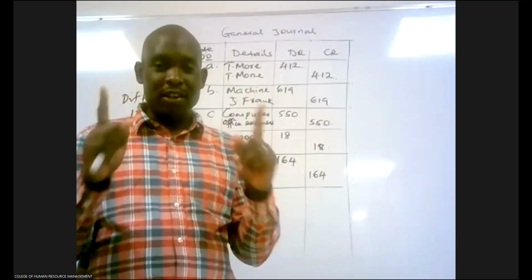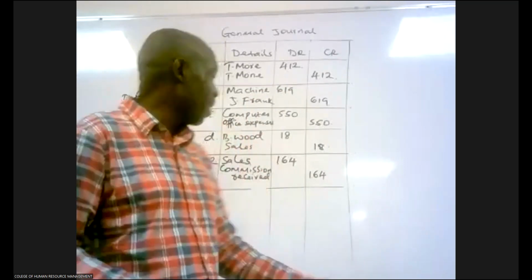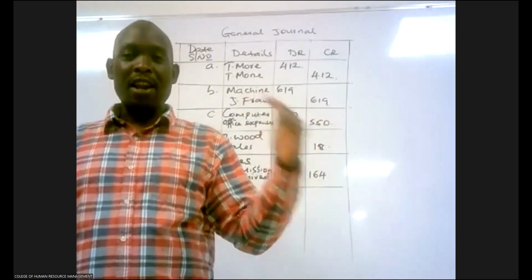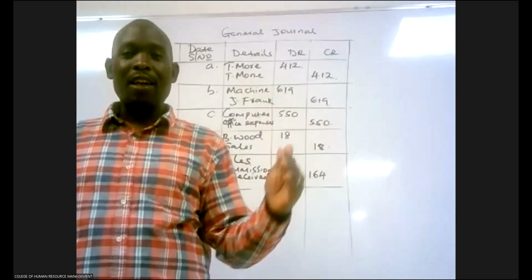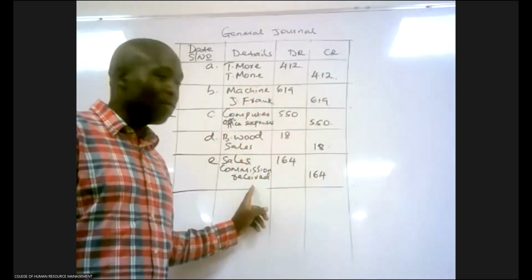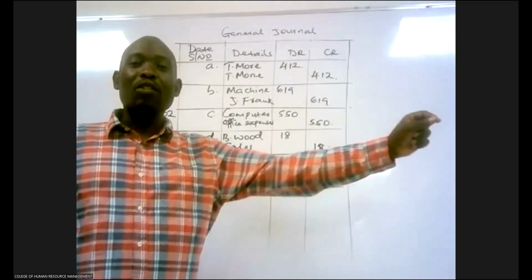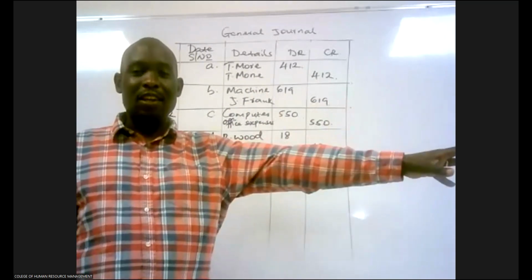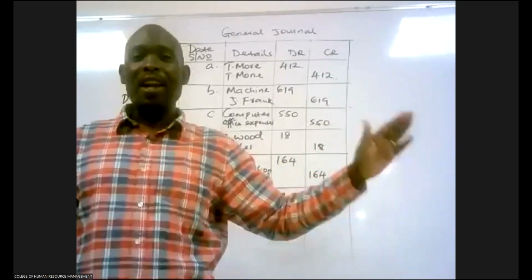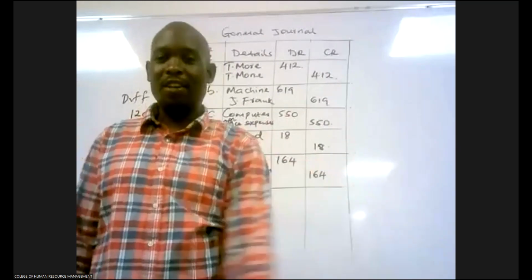Sales we know is always credited, very correct. But in this statement, it was credited on behalf of commission received, so it was credited erroneously. It was not supposed to be credited. It was commission received that was supposed to be credited. Now we are debiting it to cancel that wrong credit.